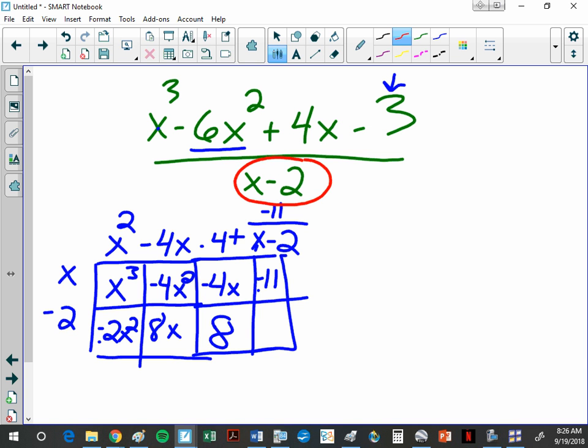If you set the bottom equal to 0 and you solve, x equals 2, whenever this number is an integer, no decimals, no fractions, no square roots, then you can do something called synthetic division. Sometimes the denominator will have 2 roots, and synthetic division won't work.